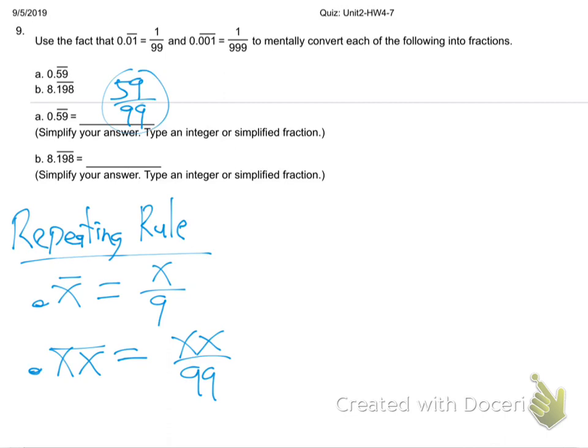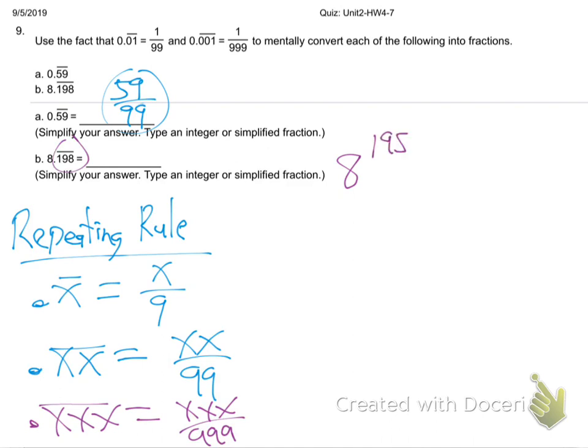That was easy. Now what about the second one? Can we just go, oh, okay, well then that's just 8198 over 999? No, careful. When you have a number in the front, you got to keep that separate. So it's going to be 8, and then you have 3 x's, so it's going to be 198 over 999. Like that.